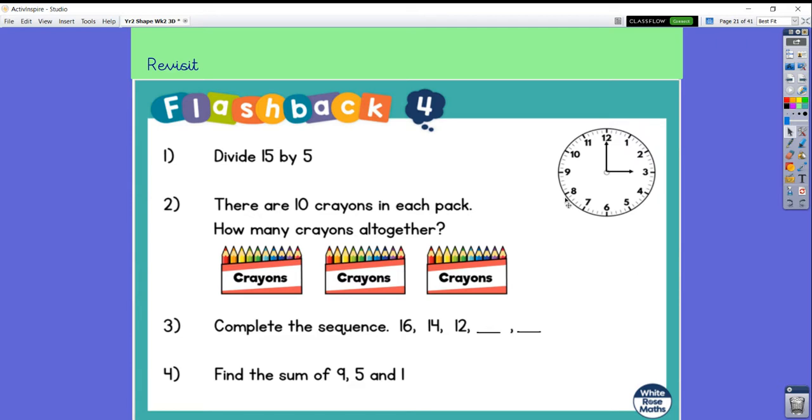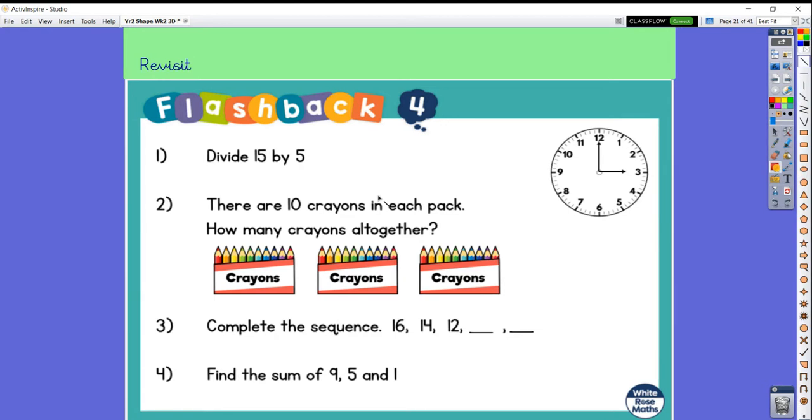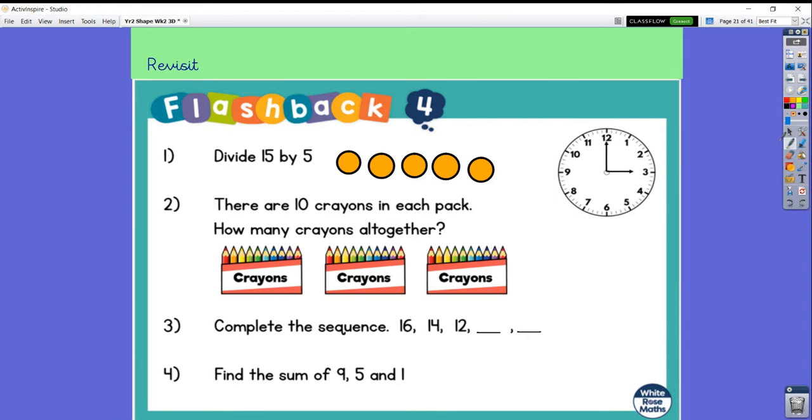Super, let's have a look at those answers. So I've got 15 divided by 5. So I have got 5 little groups. So I will have 1, 2, 3, 4, 5. And I need to divide 15 items out.